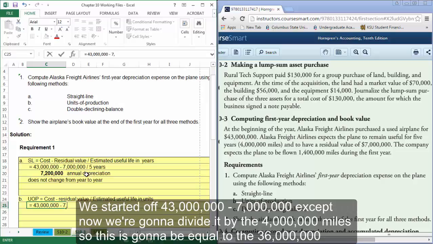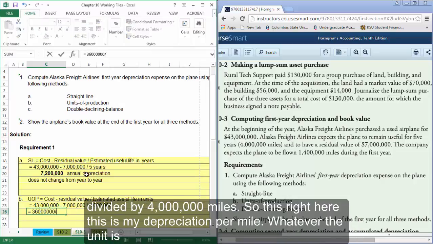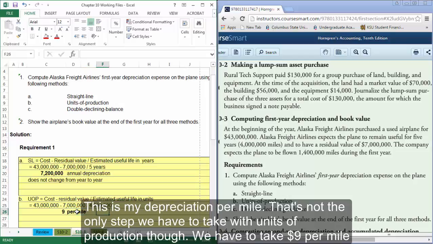So we still have 43 million minus 7 million, but now we divide by the 4 million miles. That equals 36 million divided by 4 million miles. This is my depreciation per mile, or whatever the unit is.